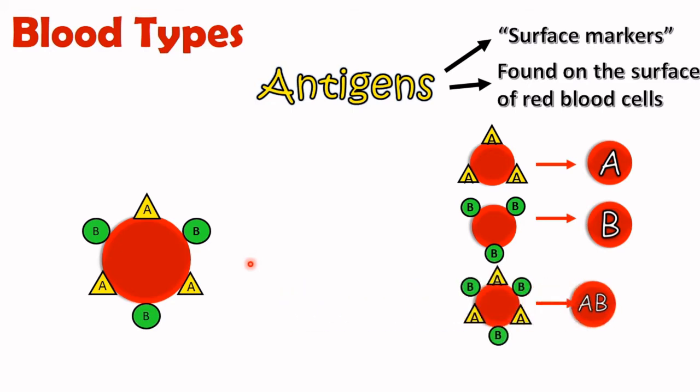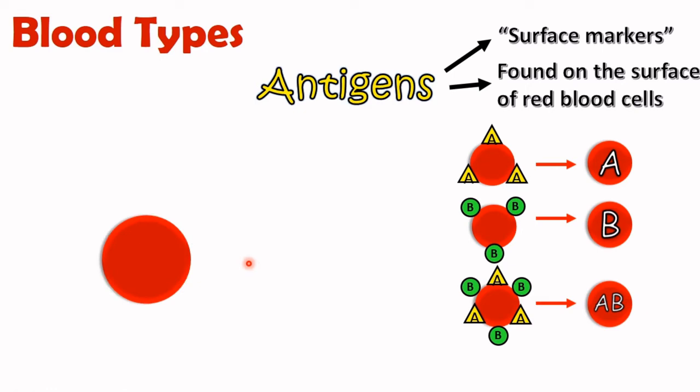And if there are no antigens, meaning that your blood type is O. Also, you can remember it as a 0, because there are 0 antigens.